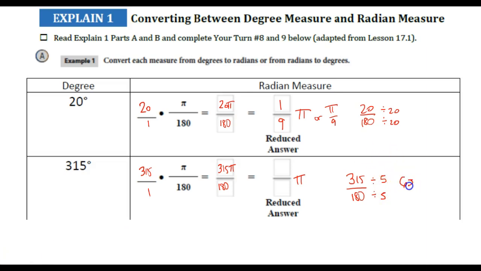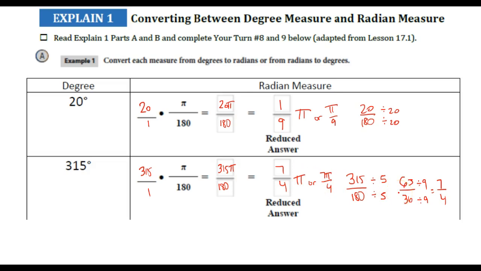So that would be 63 on top, and for the bottom, 36. I am seeing that they probably can take something else out, so I'm going to try, how about 9? Yeah, let's try 9. So that would be 7 on the numerator side, and on the bottom, what would that be? 4. So that would be 7/4 pi, or you could write it as 7 pi over 4, either one.